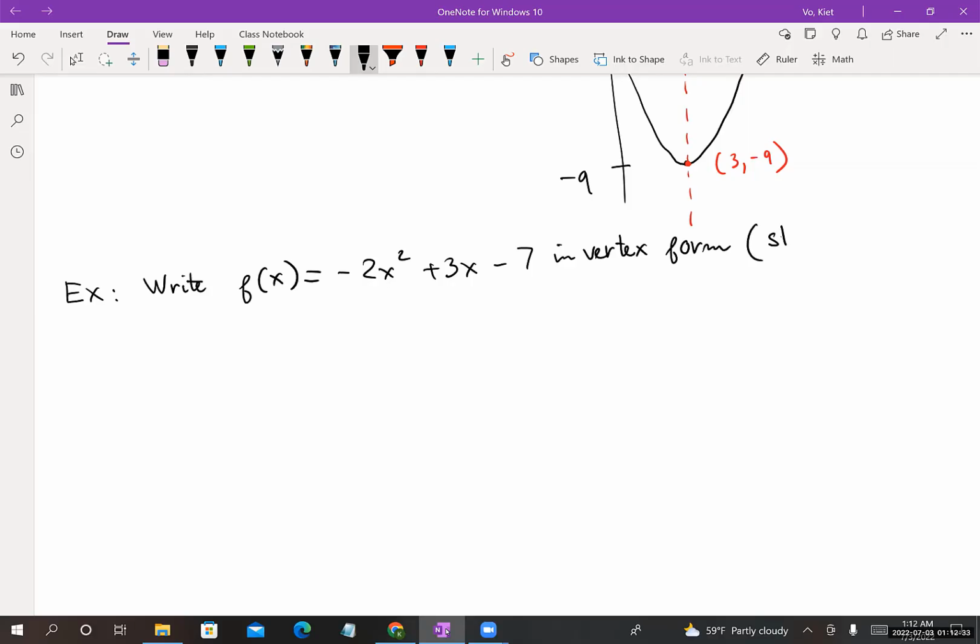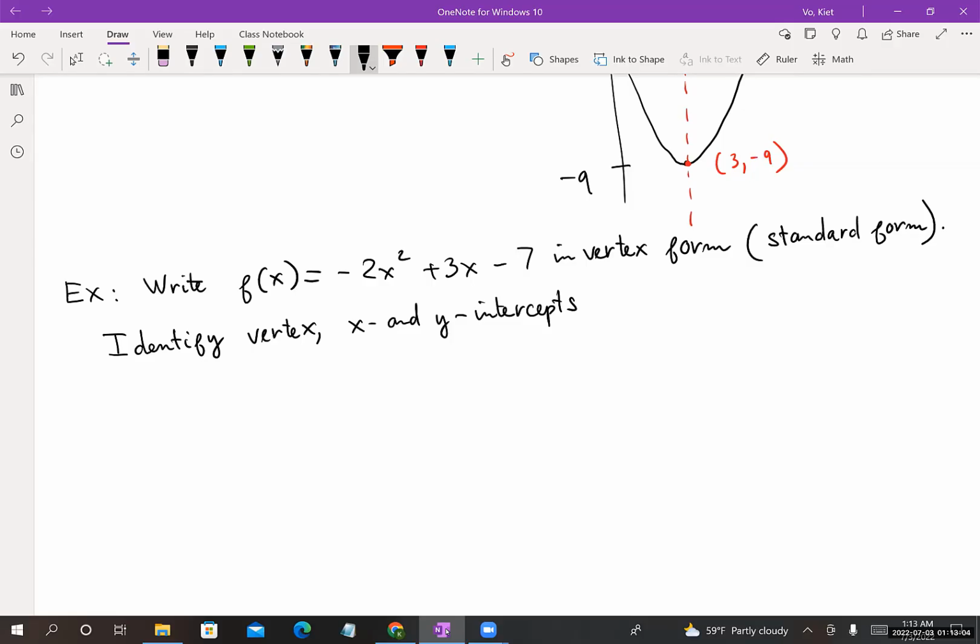So this vertex form is also called the standard form. And then after we do that, we're going to identify the vertex, x and y intercepts, if there are any, because sometimes there's no x-intercept at all.